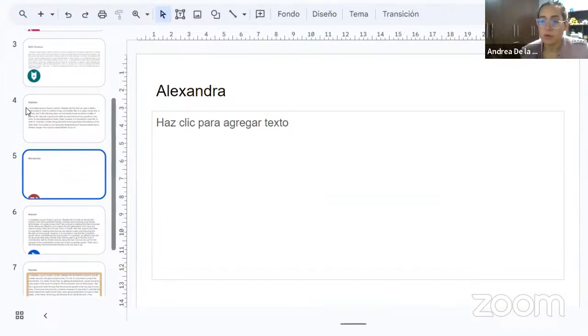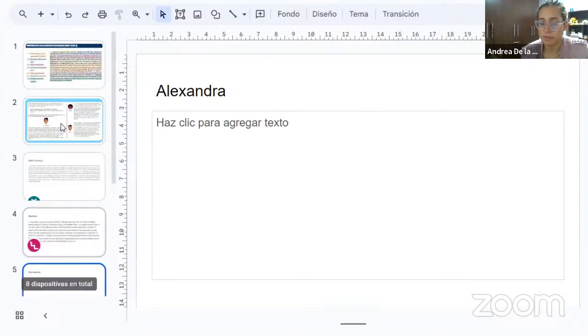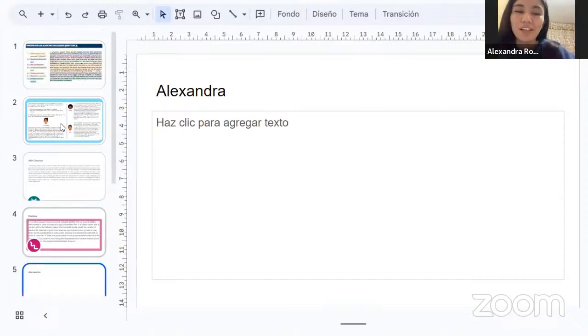Alexandra, what about you? Were you able to write anything? Yes, Miss, I wrote, but I did it on my other cell phone because I don't have my laptop right now. And I don't know how I can test this because I just downloaded the app. But now I can paste.